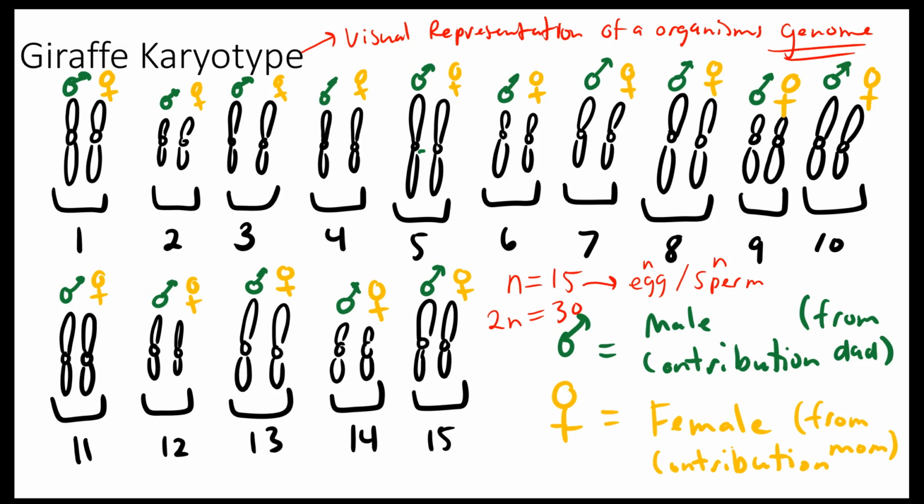Keep in mind, though, that because one of each of those pairs is coming from dad, like that one, you're going to see 15 pairs. So 15 pairs here would give you that 2n of 30. Now the karyotype comes into play later when we're doing genetic crosses, because what you see on here are genes. For homologous chromosomes like this, you'd see genes occurring in the same loci, the same location.